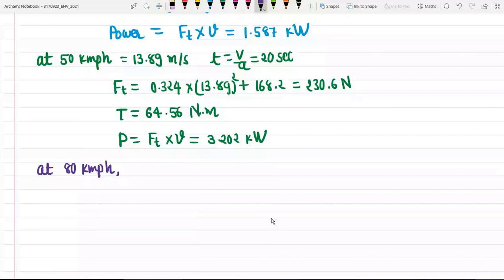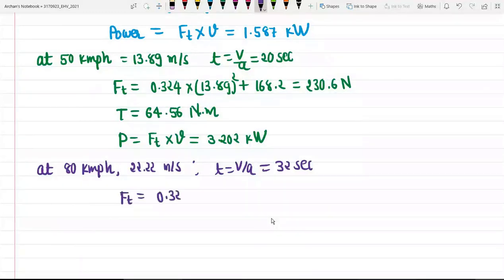Time is equal to v by acceleration, so it will take 32 seconds to reach 80 kilometer per hour. The force required to reach this value is 0.324 into 22.22 square plus 168.2, and that comes around 328.17 Newton.